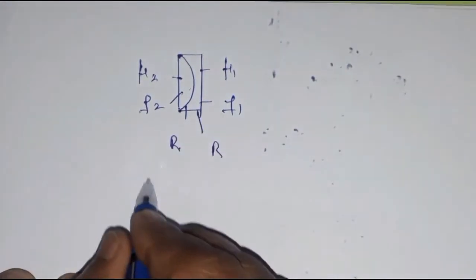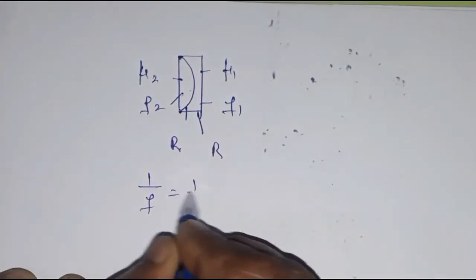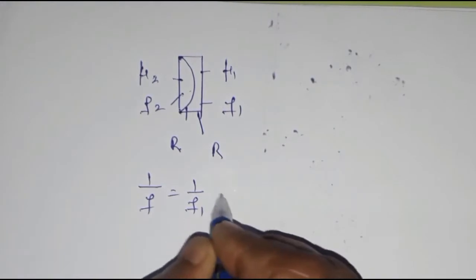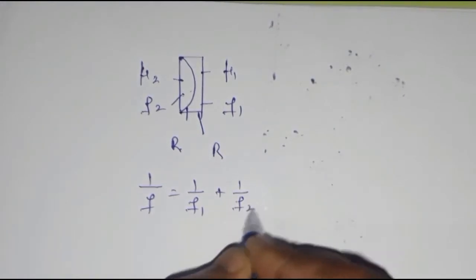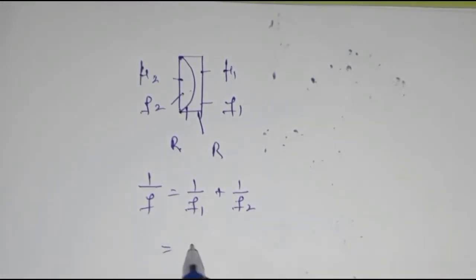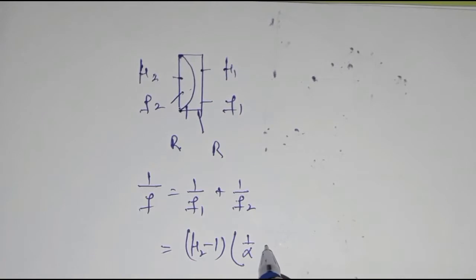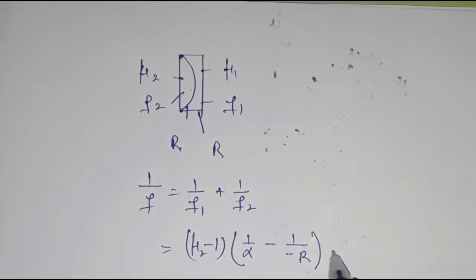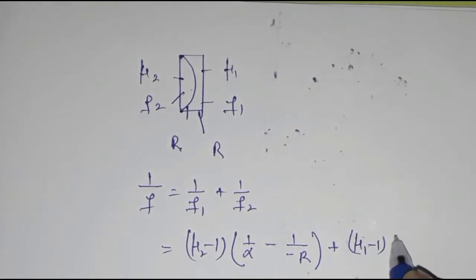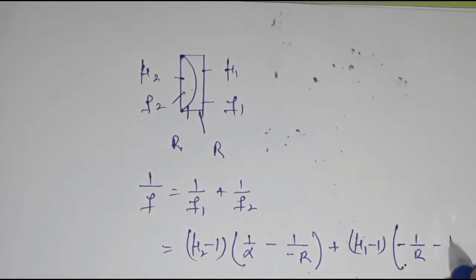So the combined focal length: 1 by f is equal to 1 by f1 plus 1 by f2. What is 1 by f2? That is mu2 minus 1, into 1 by infinity minus 1 by minus r, plus mu1 minus 1, into minus 1 by r minus 1 by infinity.